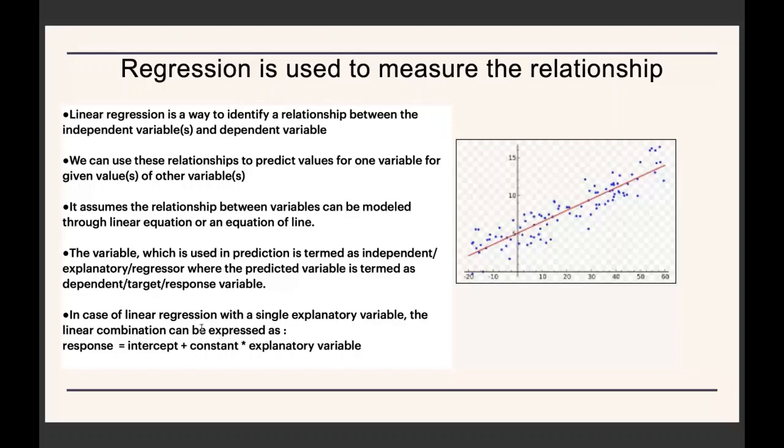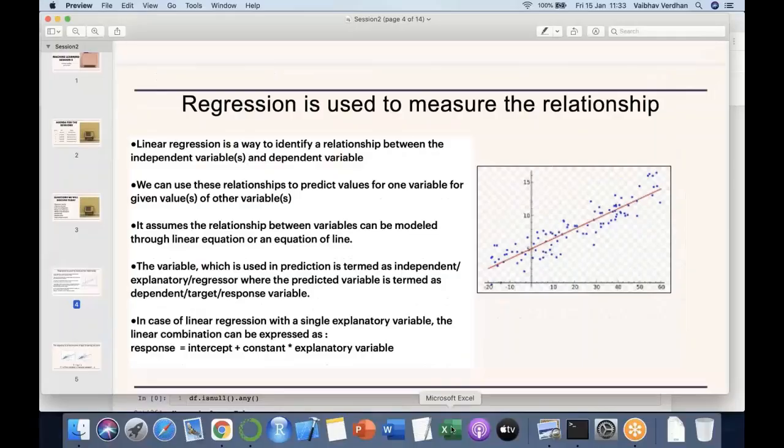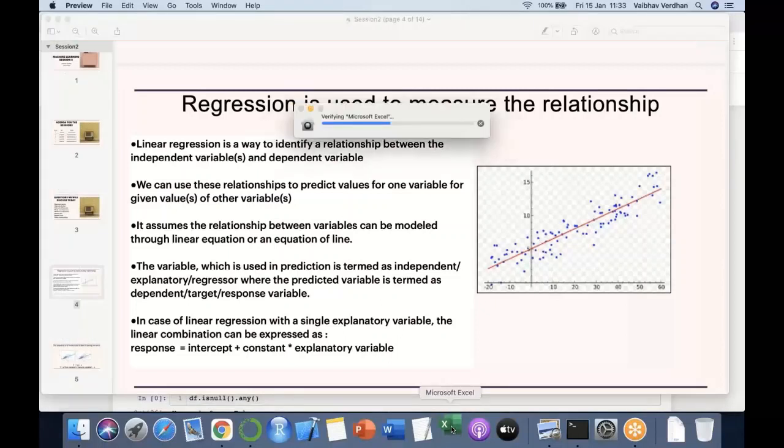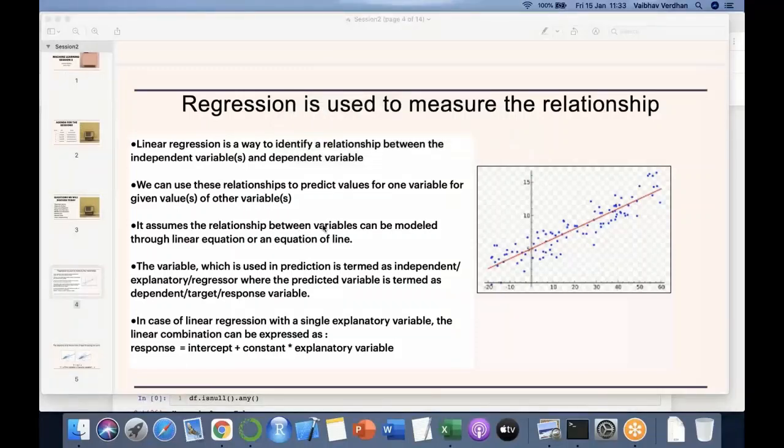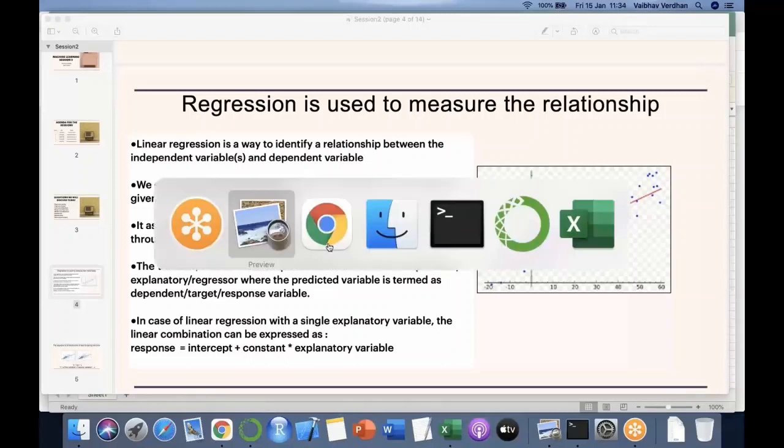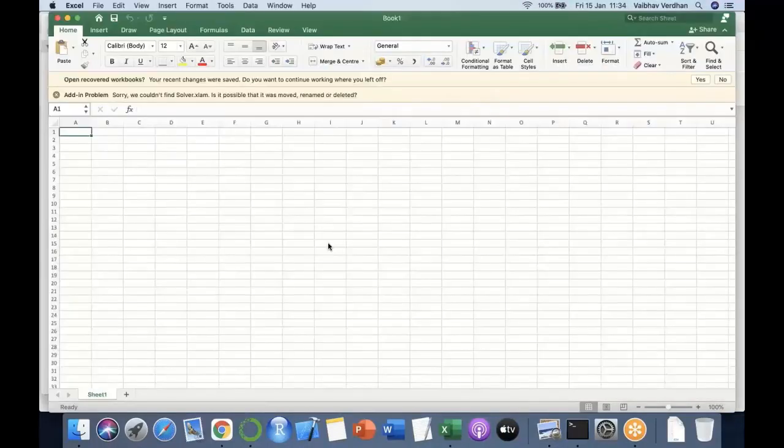Now when I say historical patterns, what do I mean by that? I mean that any business would have some sort of historical data. Let's say, if I talk about any retail business, they would have items or categories. Let me open the Excel sheet.